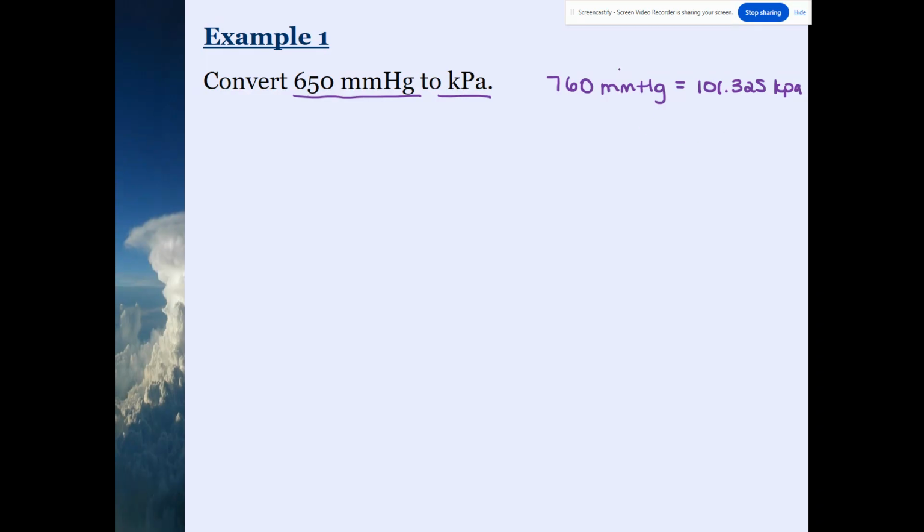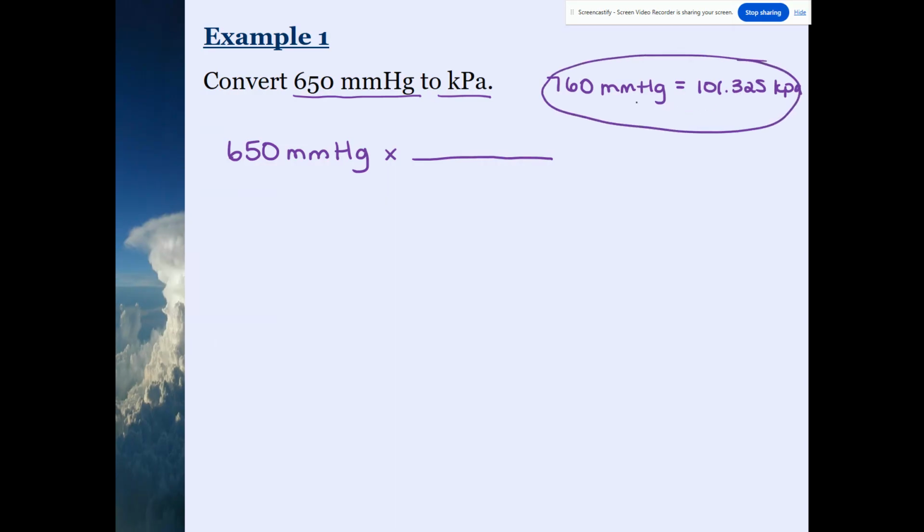Okay? Now, I am starting with 650 millimeters of mercury. And I want to convert it to kilopascals. Okay? So I'm going to take these two values.